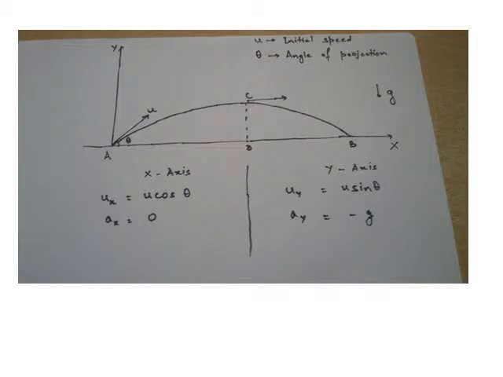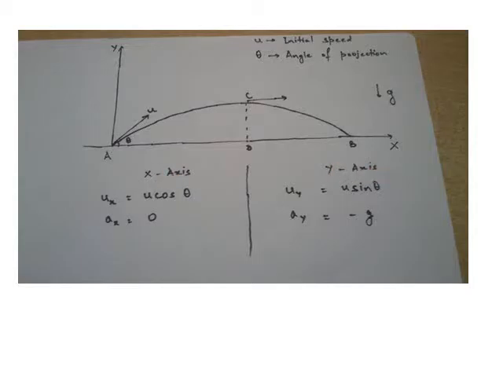Suppose the point of projection, that is point A, is the origin of a coordinate axis with x-axis along the horizontal and y-axis along the vertical. As before, we throw an object with an initial velocity u, making an angle theta with the horizontal x-axis. Now let us write down the different components of velocity and acceleration along x-axis and y-axis separately.